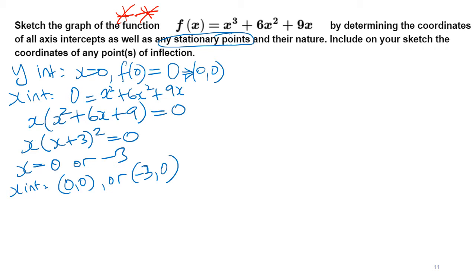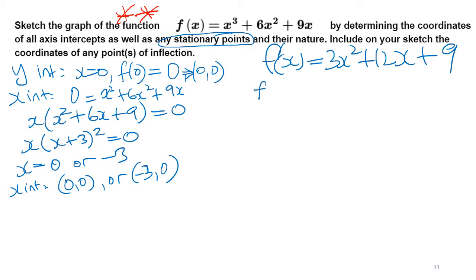So we know f of x is the original equation, so f dash x. Let's differentiate that. It becomes 3x squared plus 12x plus 9. So that is the first derivative. And we also need to find the second derivative, f double dash x equals 6x plus 12.